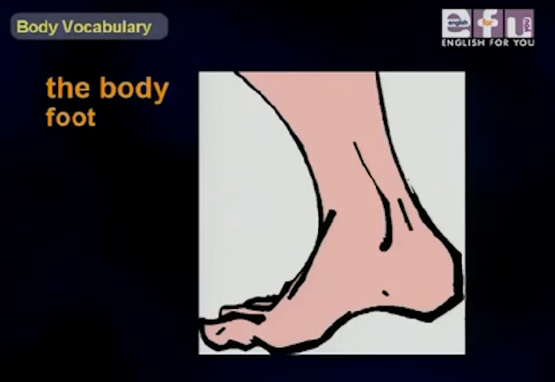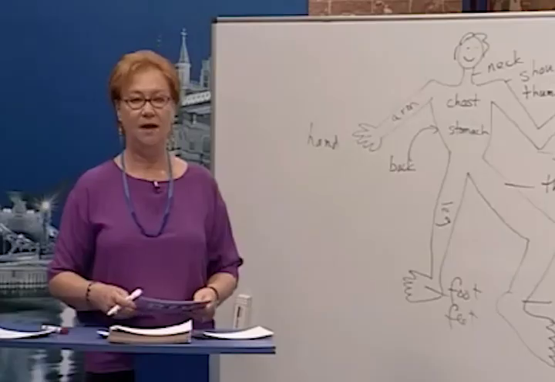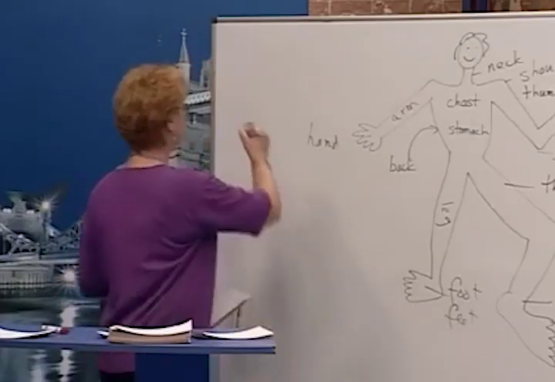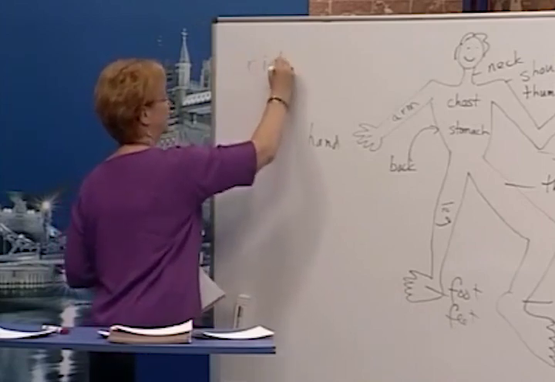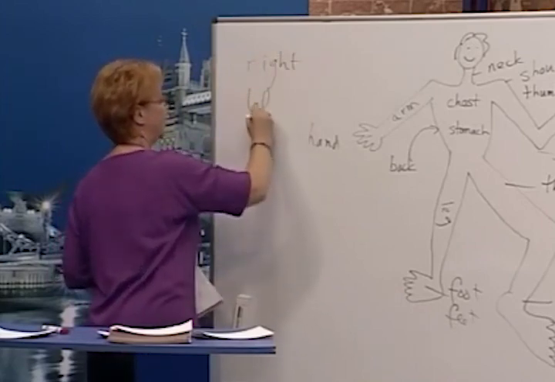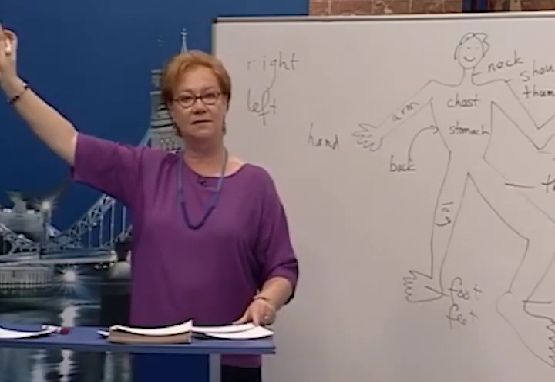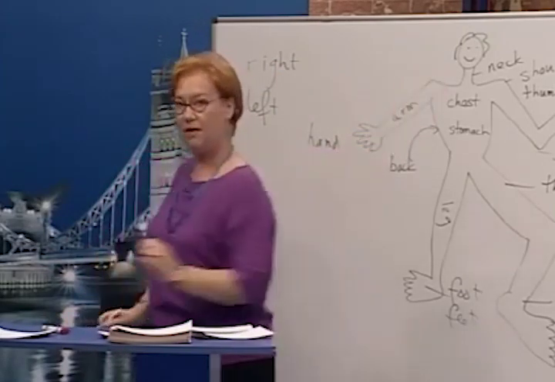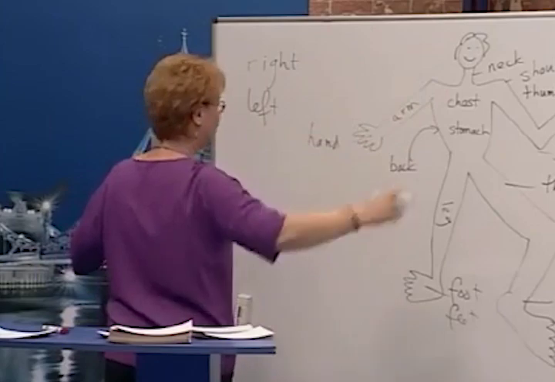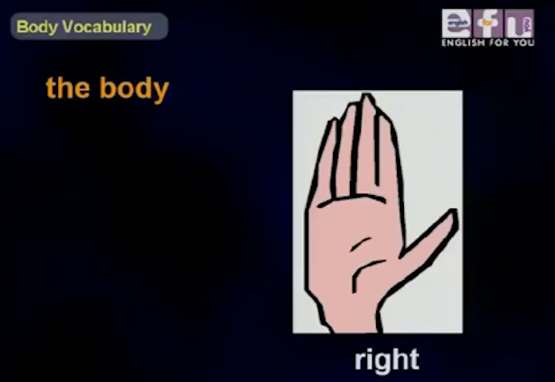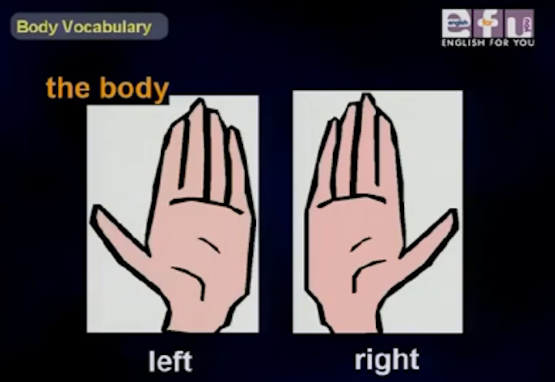Now again we have the foot and the toe. Now, you also need to know right and left. All right, this is my right, my left. Right and left. All right?